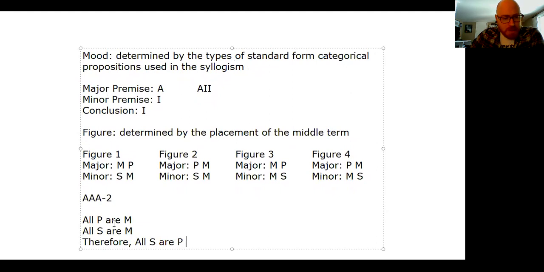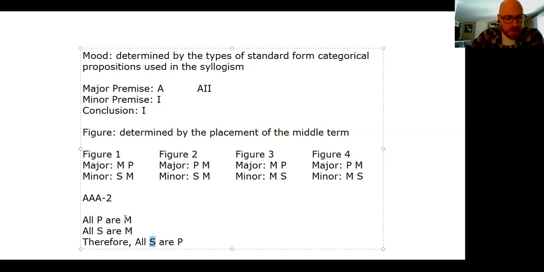Once again, keep in mind what terms are being distributed here. In an A statement, the only terms that are being distributed are the subjects. So the major term is distributed here, the minor term is distributed here, and then the minor term is distributed in the conclusion.